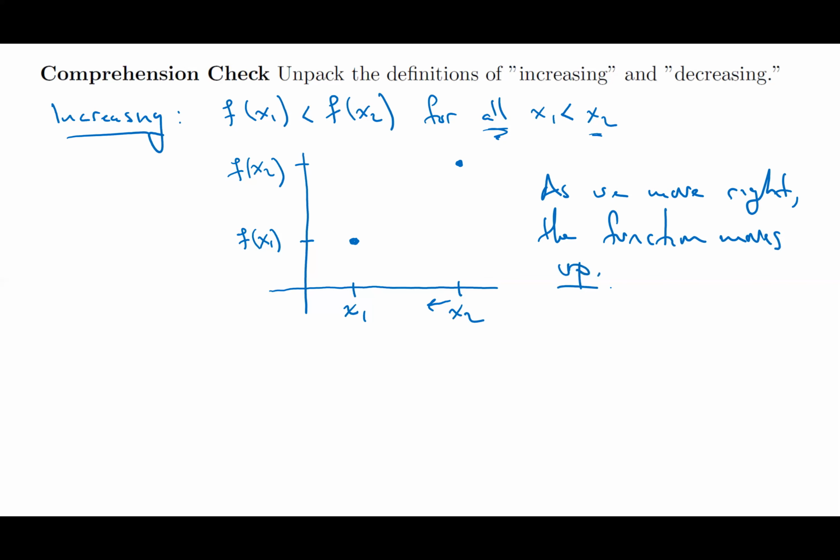Now I'm going to let you unpack the definition of decreasing. I think it would be worth pausing and giving some thought to that. What will this graph look like? And what would this statement be? Play around with it so that you also have a similar experience as we talked about with increasing, okay?